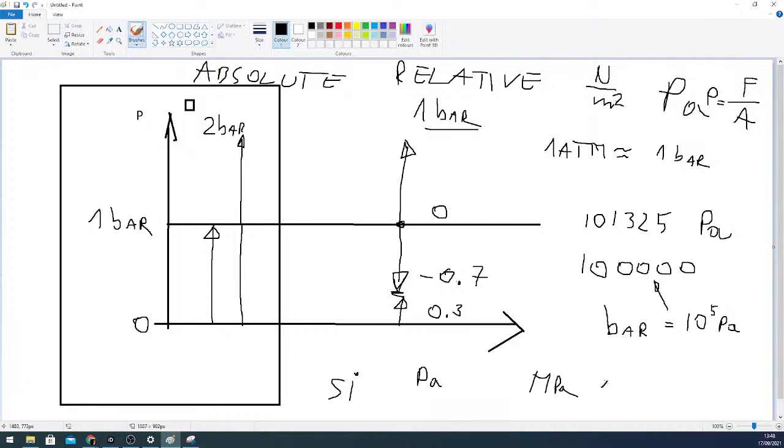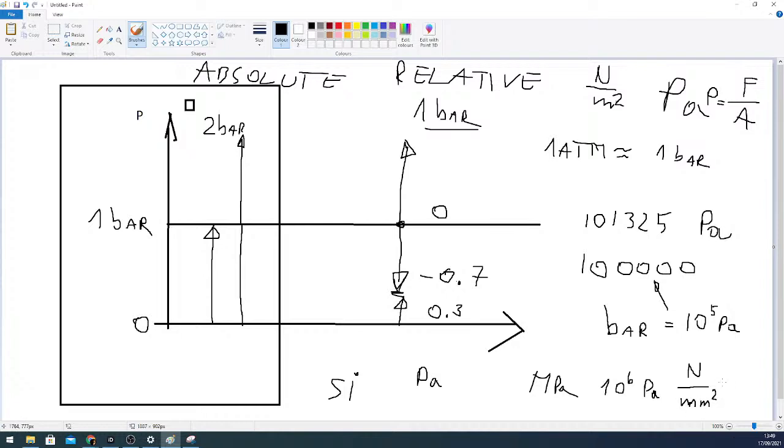Megapascal is 1 million Pascal, which means 1 million newtons of force over 1 square meter. But if instead of meters we use millimeters, 1 megapascal is newtons over square millimeters. And now we're getting somewhere.